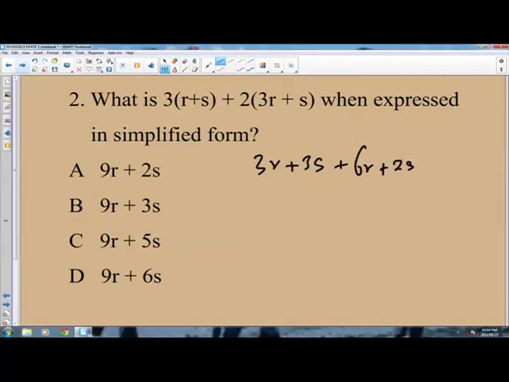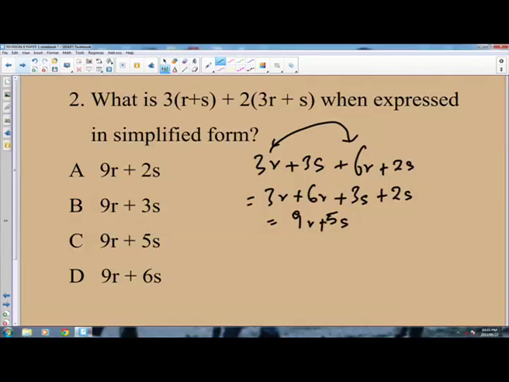We have the 3r and the 6r, so we'll have 3r plus 6r plus 3s plus 2s. And then 3r plus 6r is 9r, and 3s plus 2s is plus 5s. So the answer upon simplifying is 9r plus 5s.